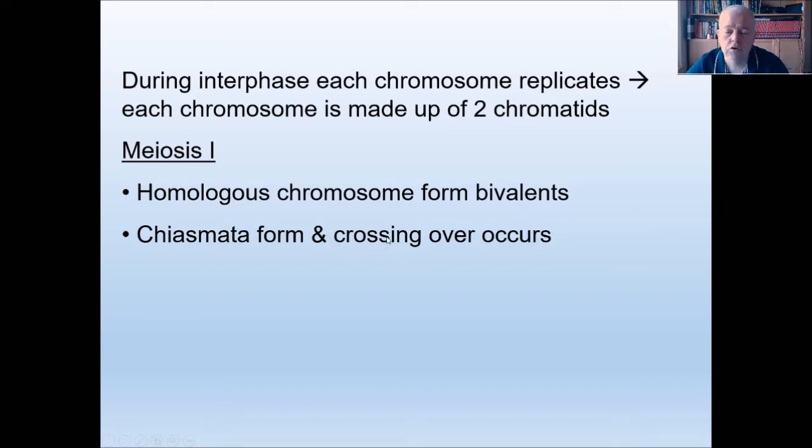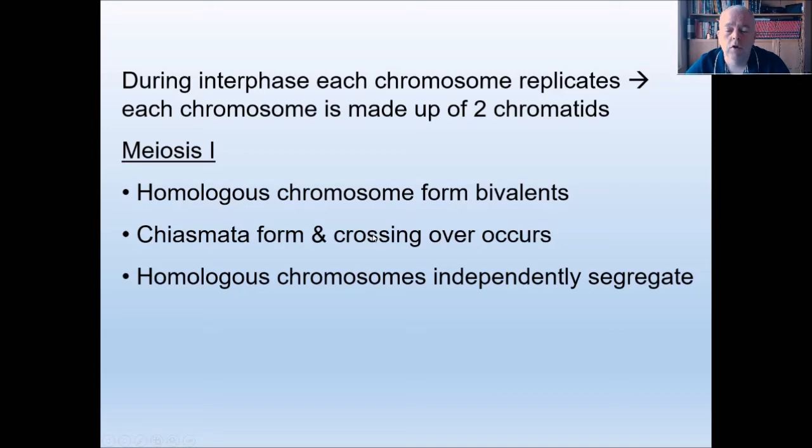And we get this crossing over occur, and because it exchanges genetic material, that's bringing in genetic variation. We also then have a process where those chromosomes independently segregate, or independently sort. So the maternal and paternal chromosomes can move independently to the opposite poles of the cell. And again, we'll look at that in more detail in a minute.